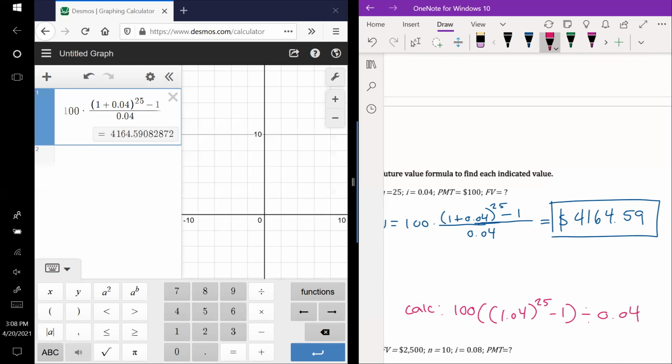And that should get you the same result. But use Desmos, it's a lot easier.